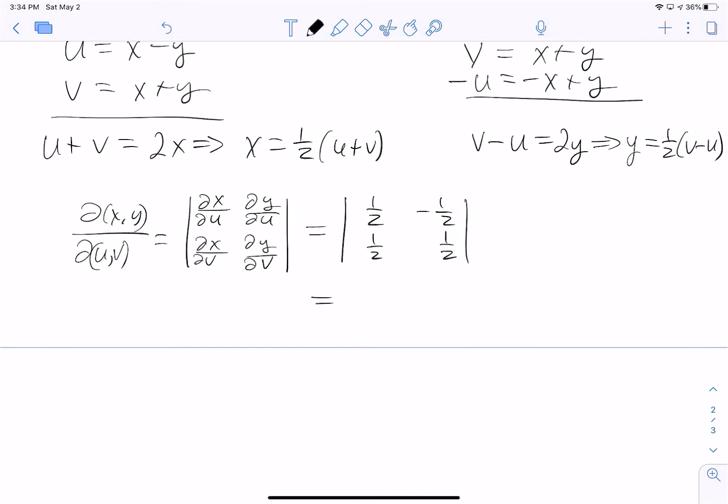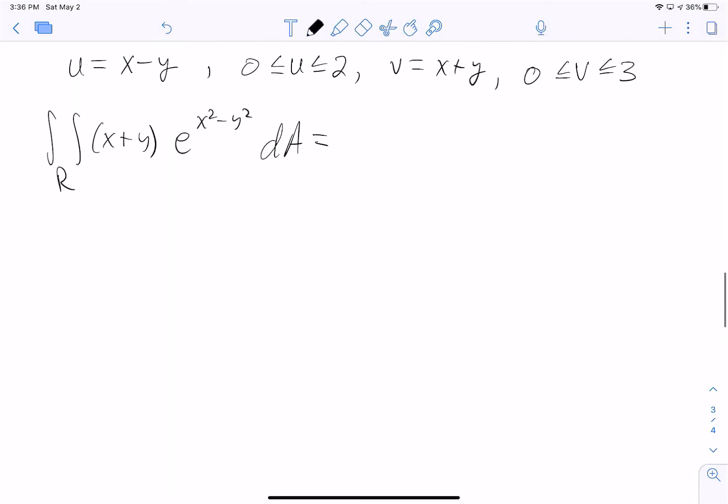Computing this determinant gives 1/4 plus 1/4, or 1/2. And remember, it is the absolute value of that determinant that we need to put into our integral. I've gathered together the information we need to do just that, and we've got the integral.